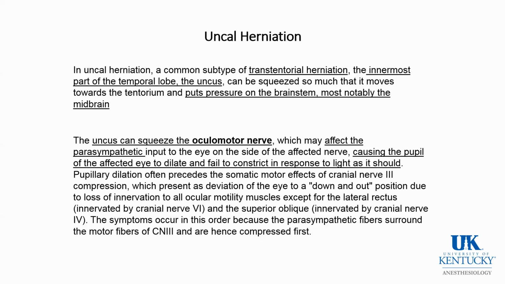This is a subtype of transtentorial herniation in which the inner portion of the temporal lobe, called the uncus, is squeezed through the tentorium and applies pressure both on the brainstem and also on the oculomotor nerve, causing the dilated pupil that is encountered in some patients with severe increased intracranial pressure.